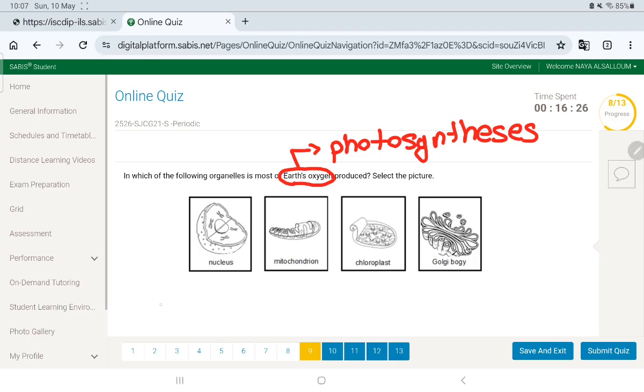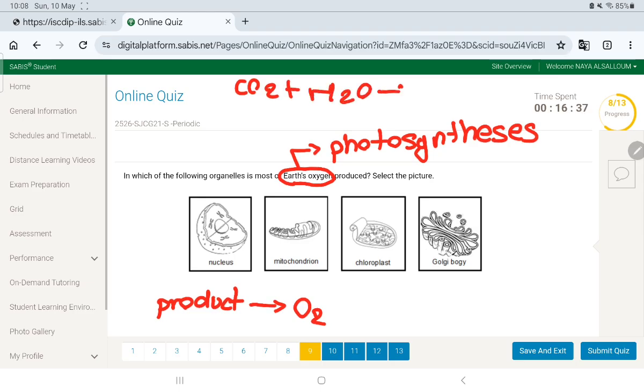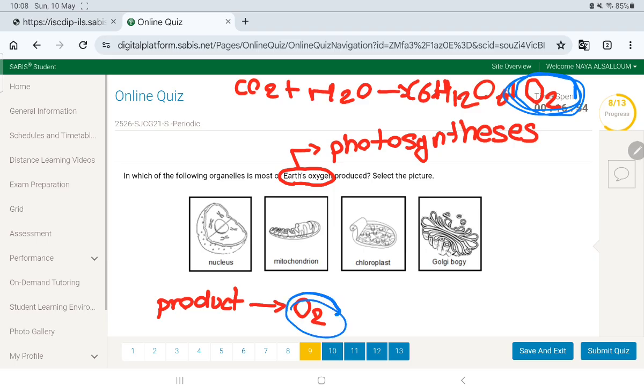This is because a product of photosynthesis is actually oxygen. Didn't we say that carbon dioxide and water gives sugar and oxygen? So obviously, most of Earth's oxygen will be produced through photosynthesis.